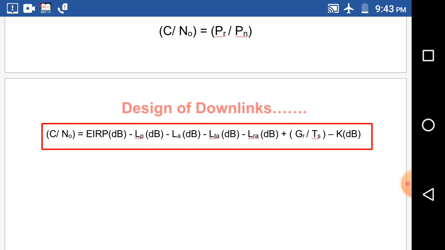The remaining formula is the same. So by using the downlink design, we can calculate the carrier to noise ratio and G by T ratio. Hence we can say the design of downlink and design of uplink are used to determine the C by N ratio and G by T ratio. Thank you.